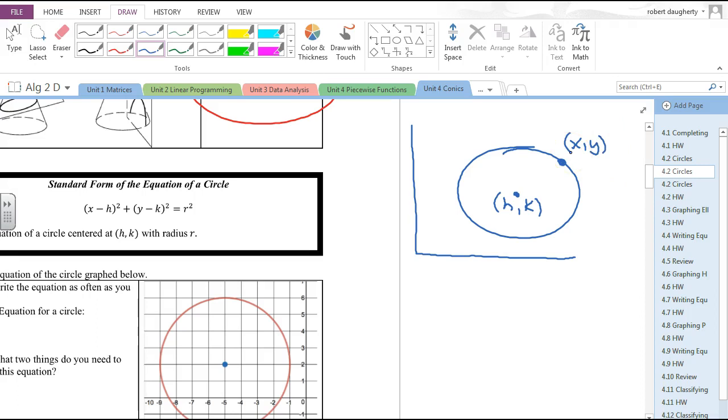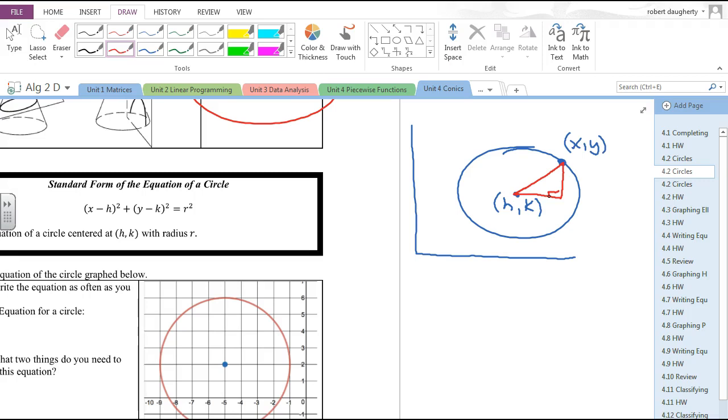Okay? So a circle is really nothing more than a byproduct of the Pythagorean theorem. So let's look at this. If I were to draw a right triangle here, okay, what is the distance from here to here? So this is X, this is H. How long is this side? The bottom side.